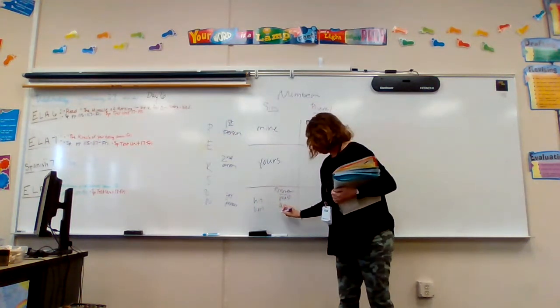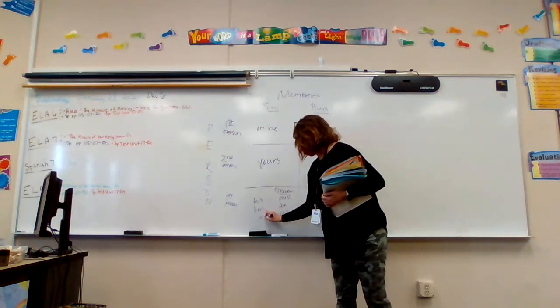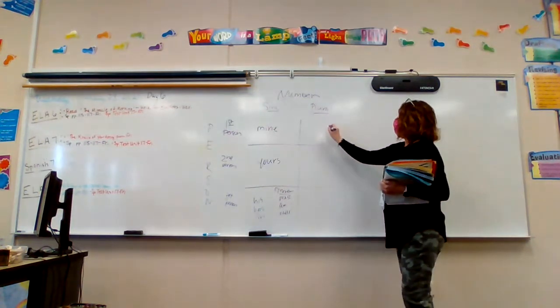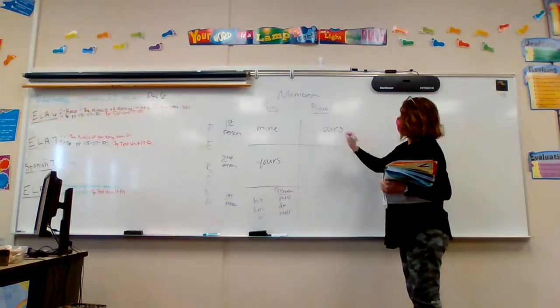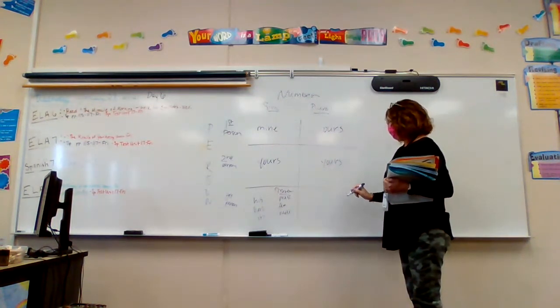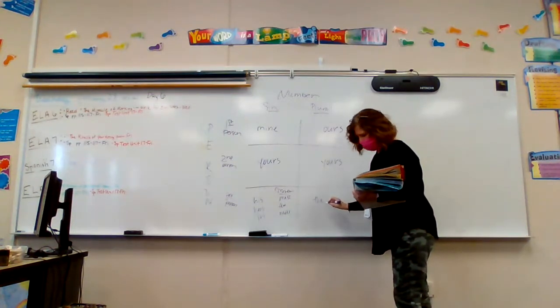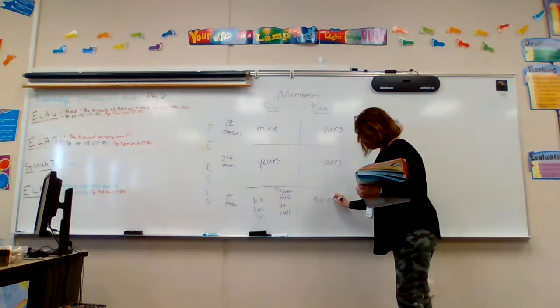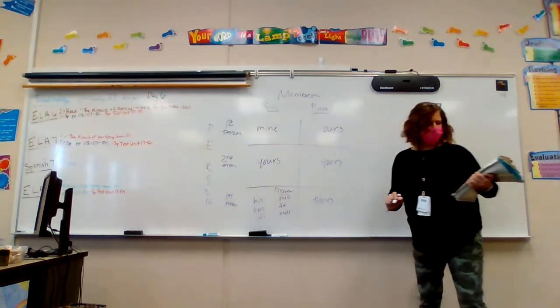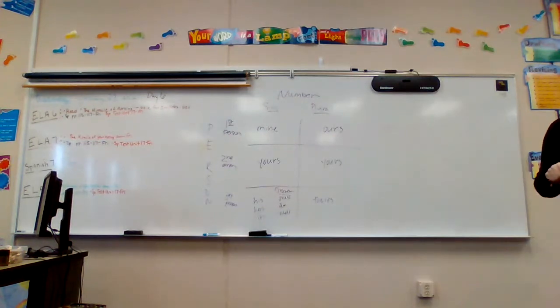Third person singular neuter, its. Ours for first person plural. Yours again for second person plural. And then theirs for third person plural. Those are your possessive pronouns. Okay? And they still follow that chart.